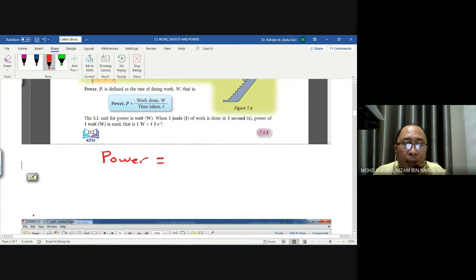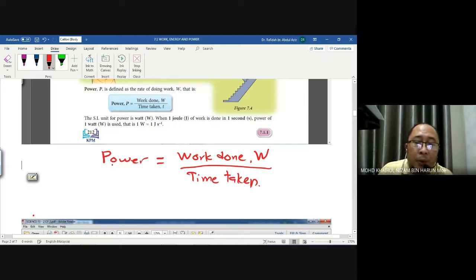So the formula is power equals work done, the unit is W, divided by time taken. So this is the rate of doing work, and we compare it with time.